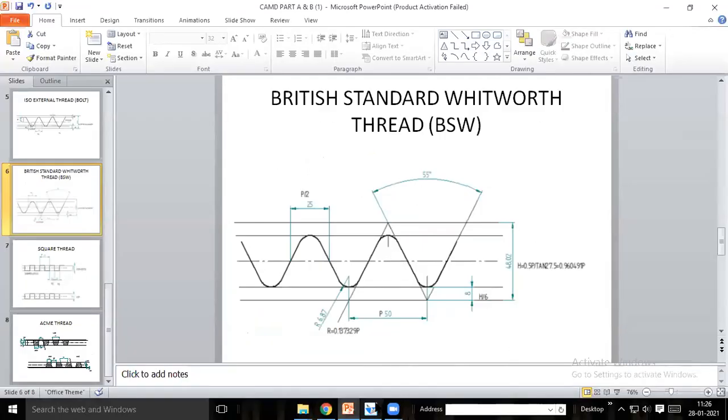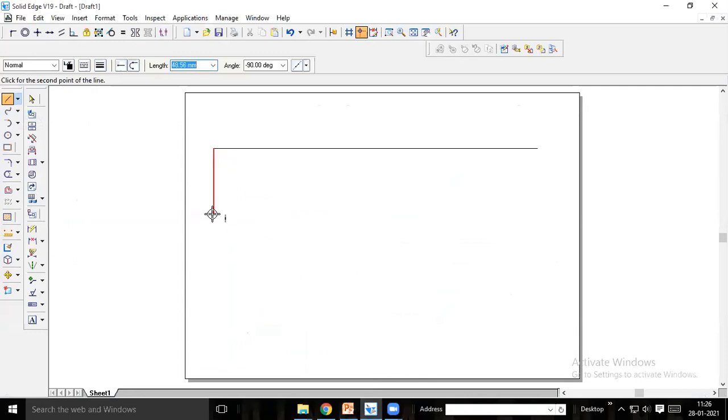With that value, I am going to draw a 48.02 distance and I am drawing one more line. I hope you understand why you have to draw this.